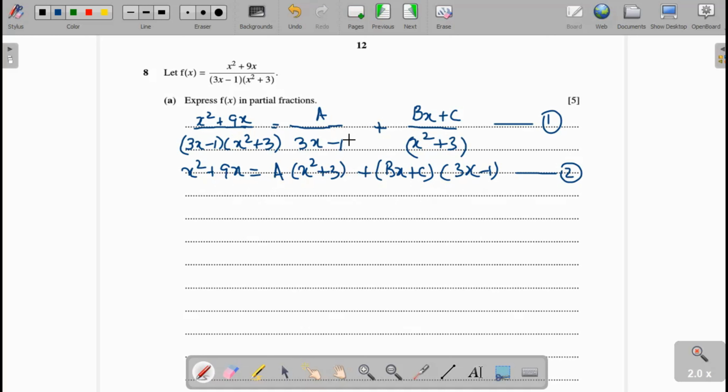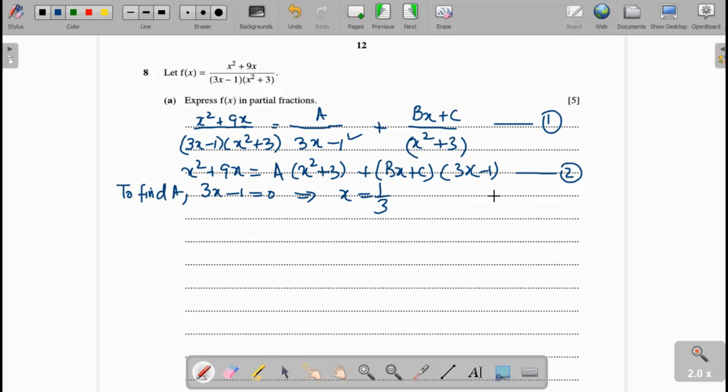Now if the denominator is linear, we take 3x minus 1 equal to 0, and we get x equal to 1 over 3. We put that value in this identity to find the value of a.